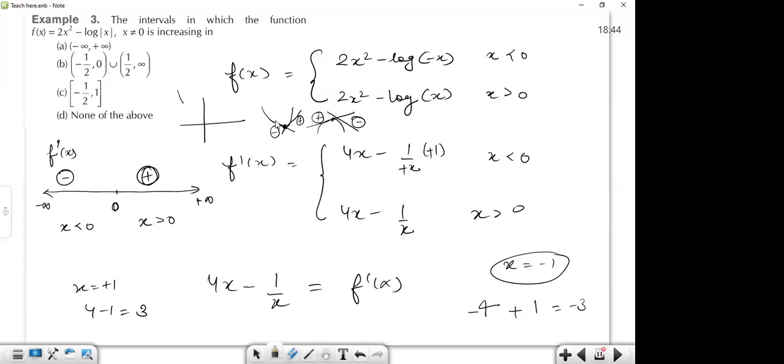This was a function which was decreasing like this and then increasing. So this is the increasing function, and this was a decreasing function, right? The case is also the same here. So for all the values of x, it is increasing, right?